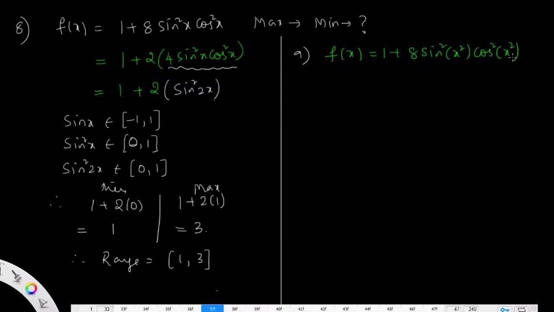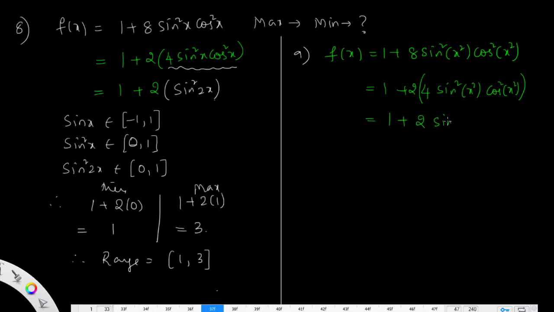Ramana is there, okay. Pavitra, okay, fine. Vaishnavi, yes. Mukunda Priya, okay, fine. Same method. This is also 1 plus 4 times, keeping outside, sin square of x square into cos square of x square. The angles are only different but the process is the same.